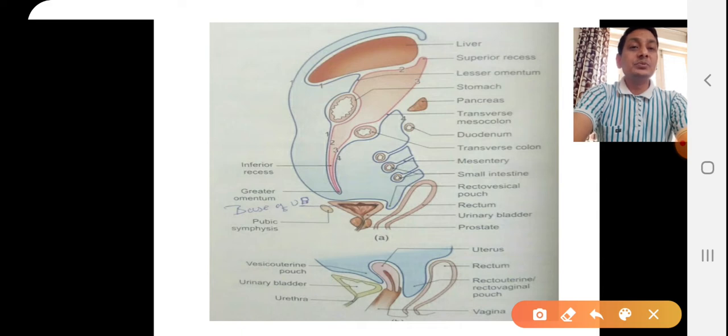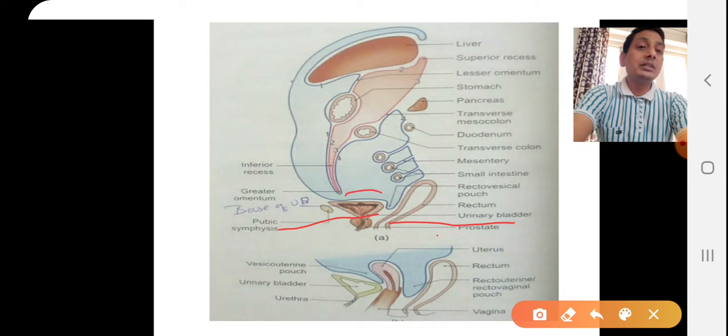The base is related to the rectum, from which it is separated. This is the rectum, and this is the base of the urinary bladder, which in the male is separated from the rectum by this fold, the rectovesical pouch.